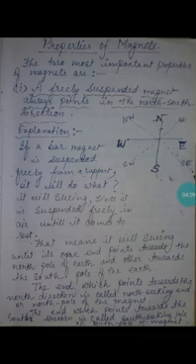The end which points towards the north direction is called the north seeking end, or simply the north pole of the magnet. And the end which points towards the south direction is called the south seeking end, or south pole of the magnet. Clear? Okay.